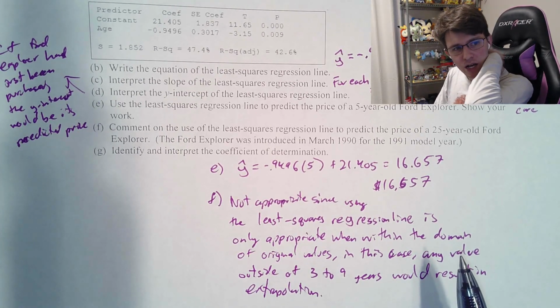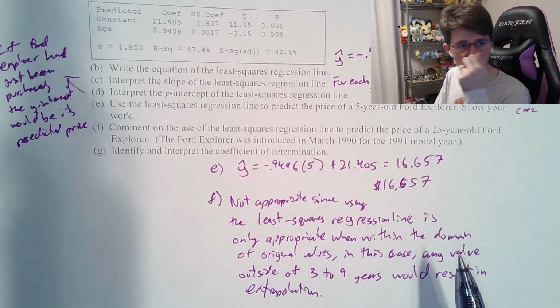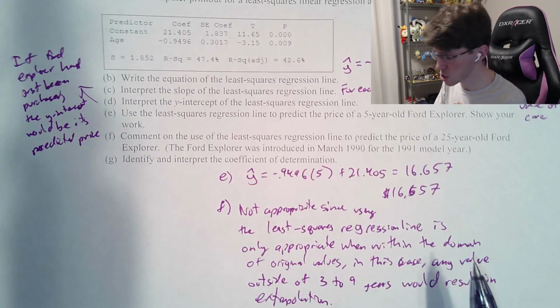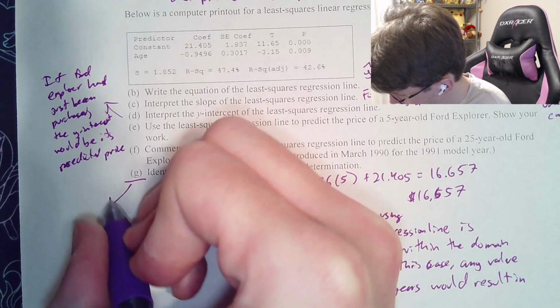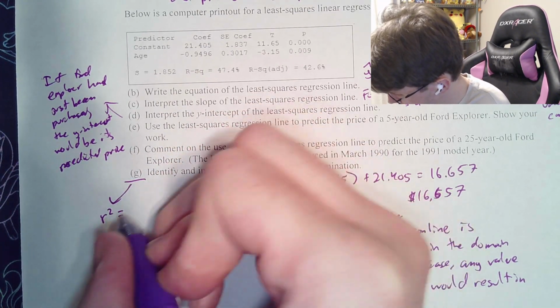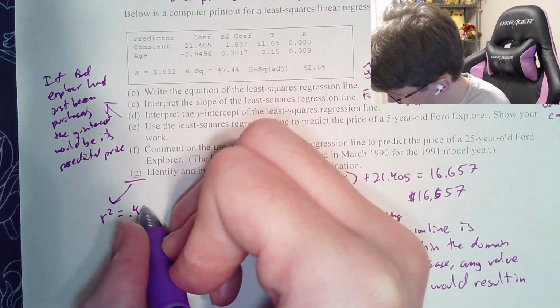Whew. All right. Last but not least, identify and interpret the coefficient of determination. Our coefficient of determination, this guy right here for letter G, is r squared, and in this case, it is 0.474.